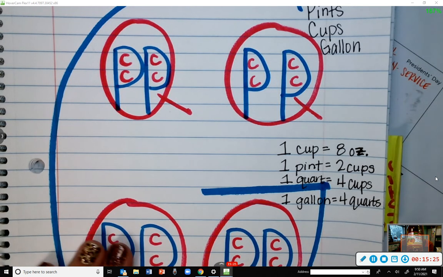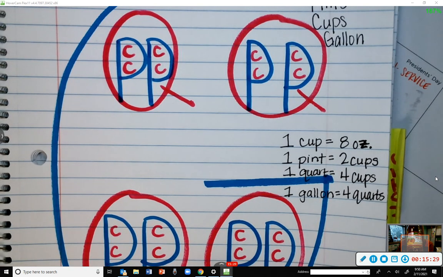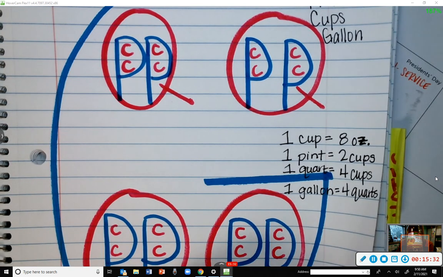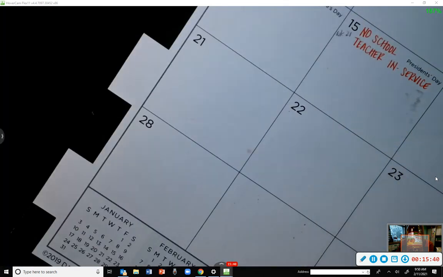Okay, now we're going to start on a clean page to draw some examples of these sizes to help us remember how much liquid they hold. I know you guys don't have very much room, so we're going to start on a new clean page. And we're going to title it Capacity.